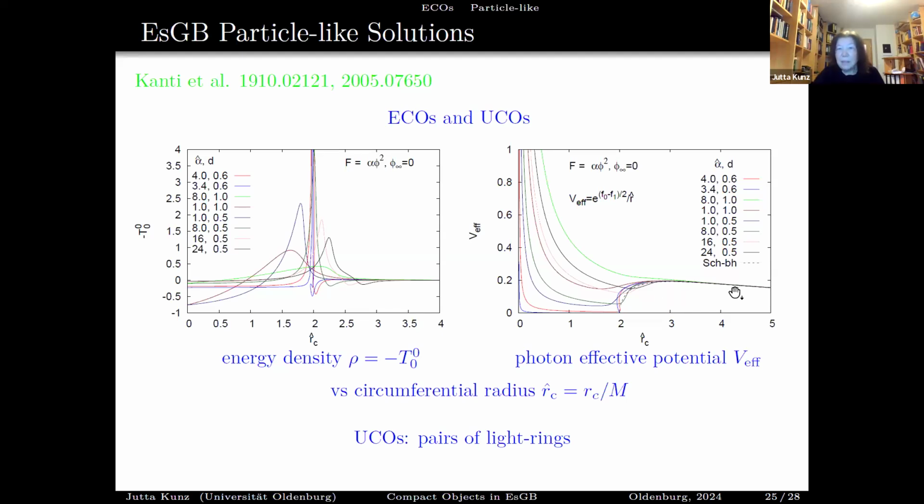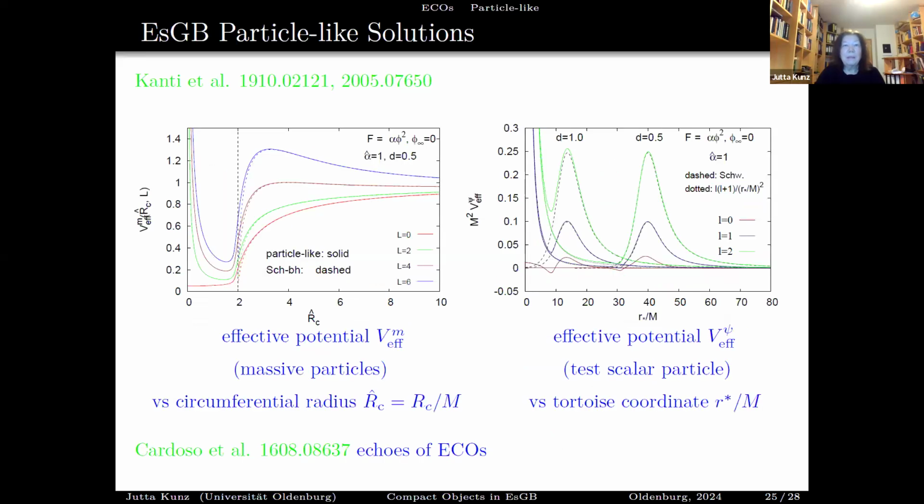And you can just see, depending on the parameters, up here, there's no extremum, and then at some point an inflection point arises, and then we have a maximum and a minimum, an unstable light ring and a stable light ring. And with light rings, they are called UCOs, ultra compact objects.